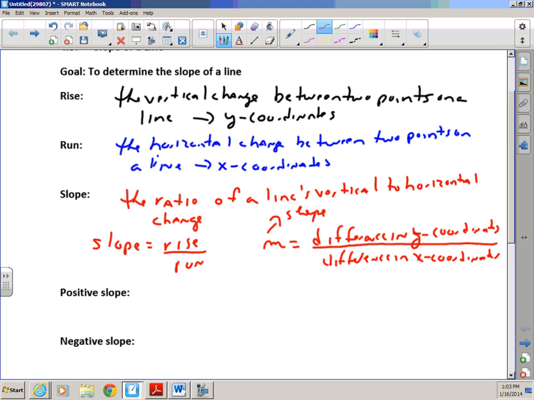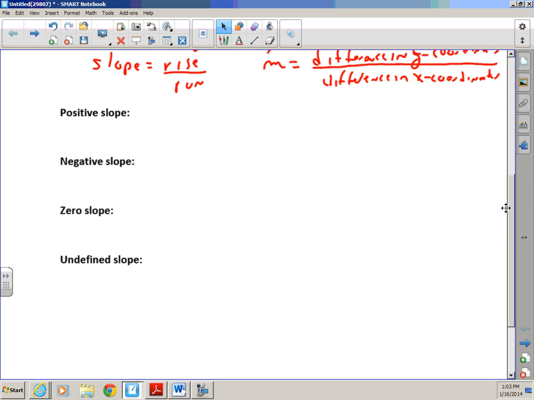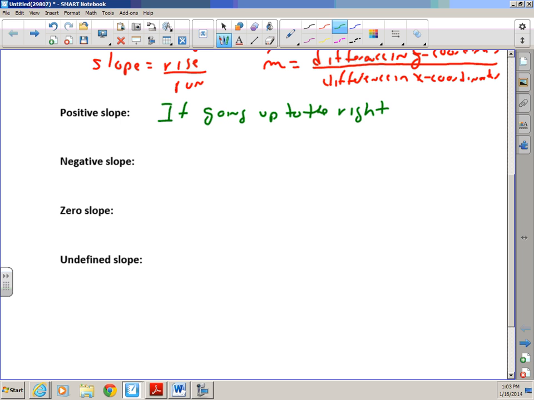Okay, now we have 4 scenarios that we're going to talk about when we graph lines. In other words, there's 4 ways a line can be drawn. Okay, the first, if we go up to the right, that has a positive slope.